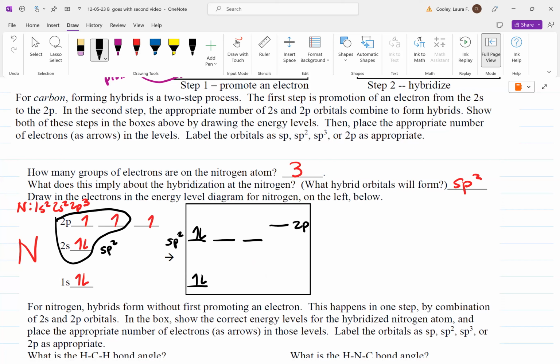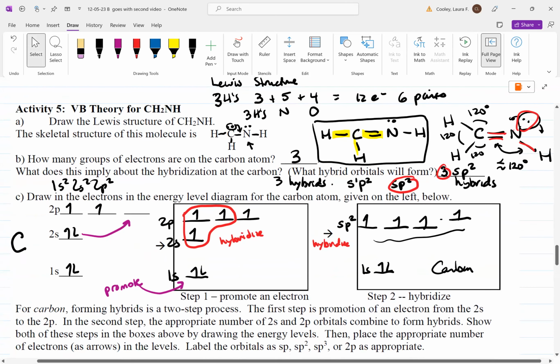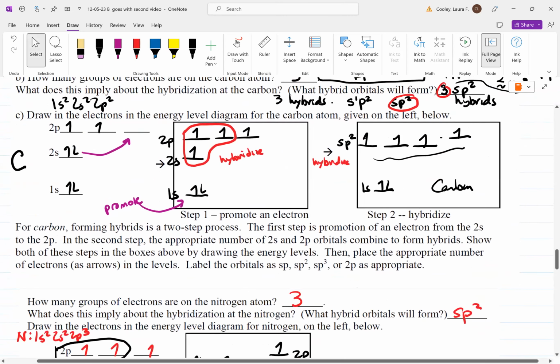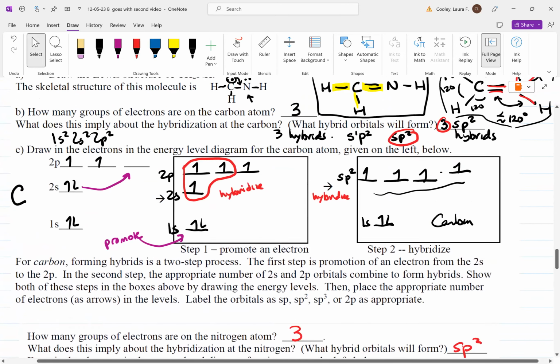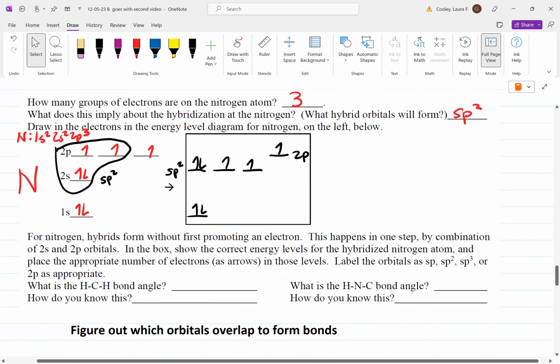Now we have a lone pair in one of those, which isn't surprising, because if you go back and look at the Lewis structure over here, you notice that there's a lone pair. And that lone pair is going to be in an sp squared hybrid. So that's not terribly surprising at all. Okay, so we've already done this. What is the HCH bond angle?